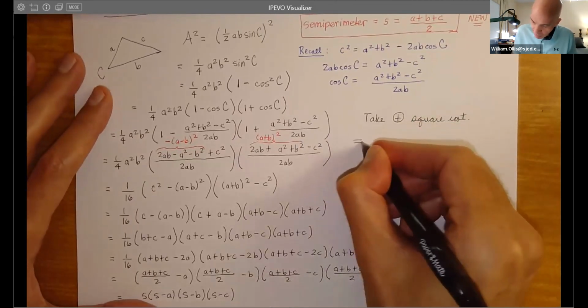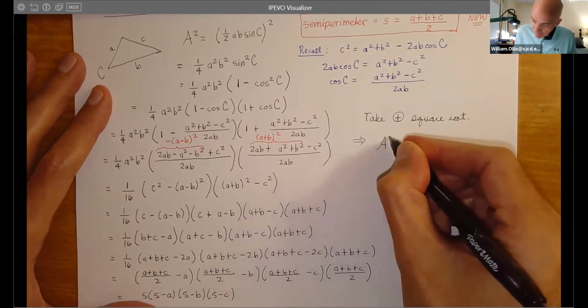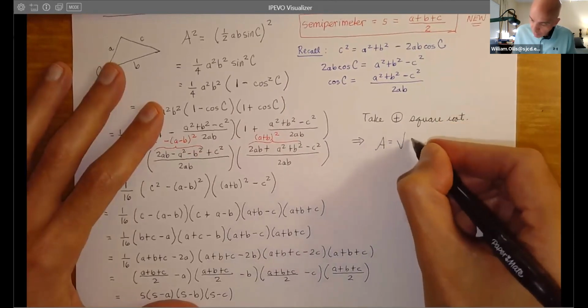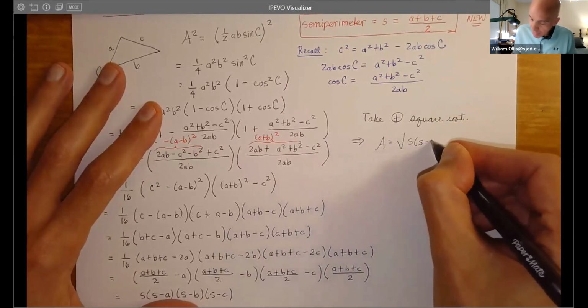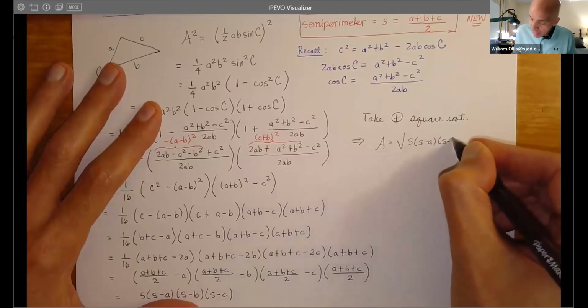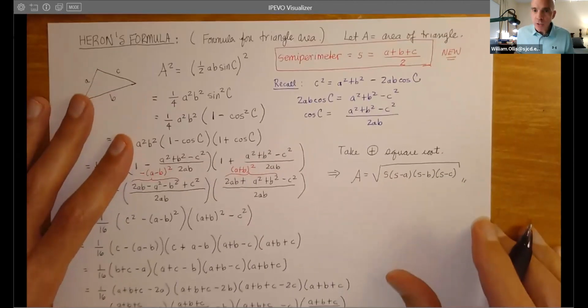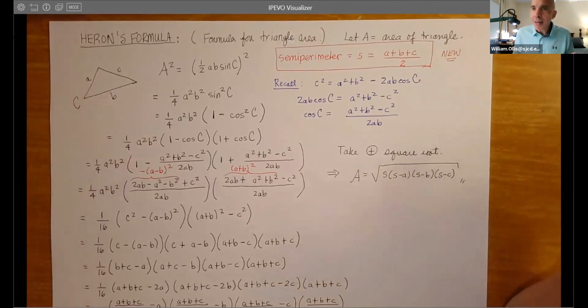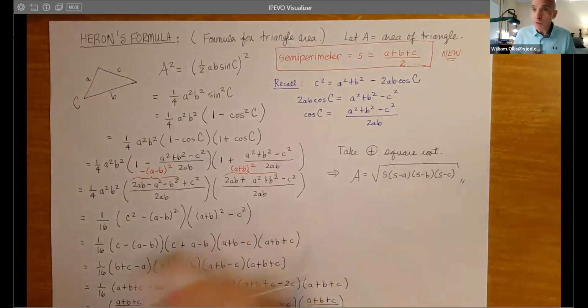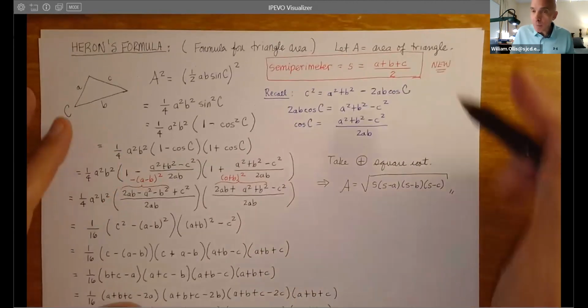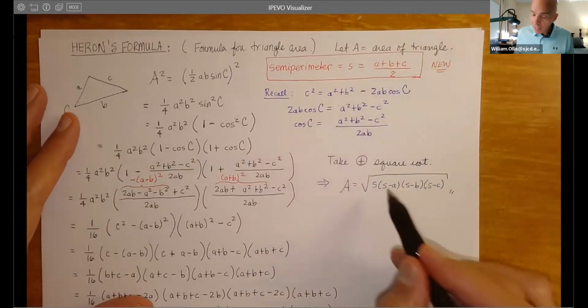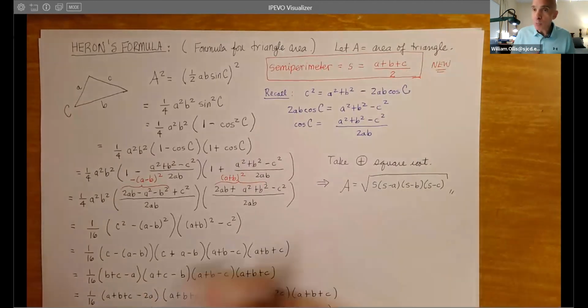So this implies that A is just the square root of S times S minus A, S minus B, S minus C. So now when you have a triangle and you know all the lengths of the sides, which is sometimes the case, then there's the formula for the area. So basically you compute the semi-perimeter and then just form this product and square root it.